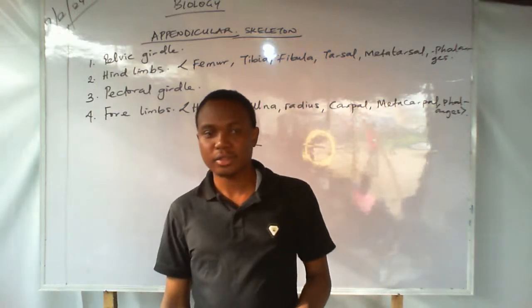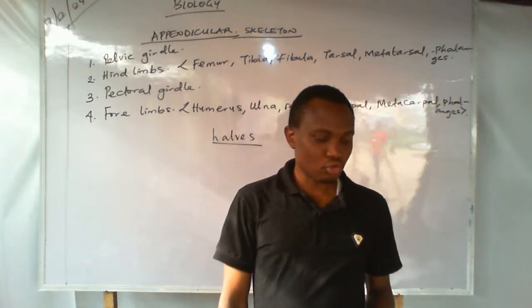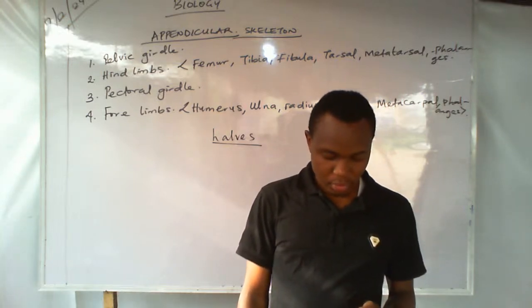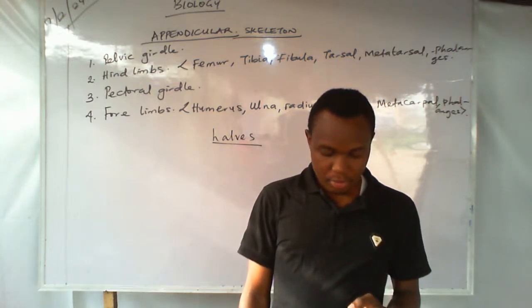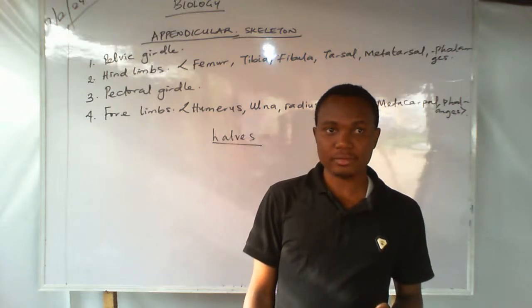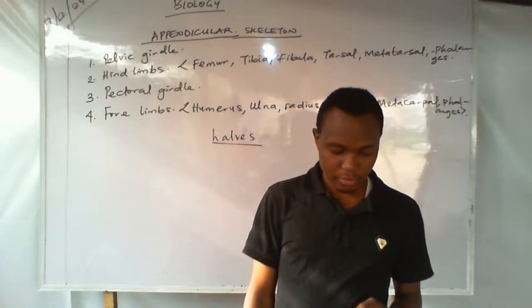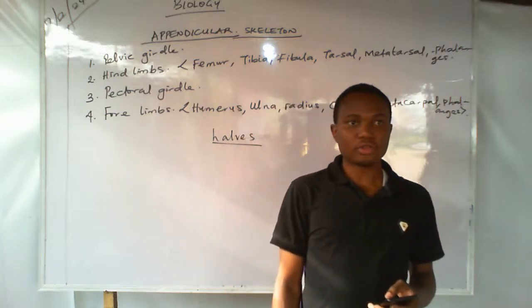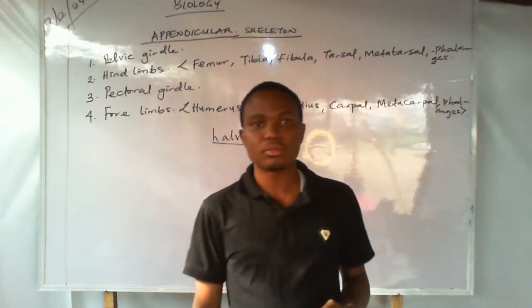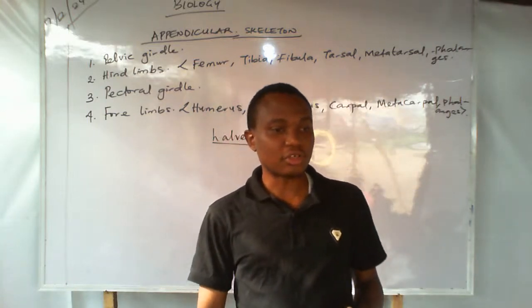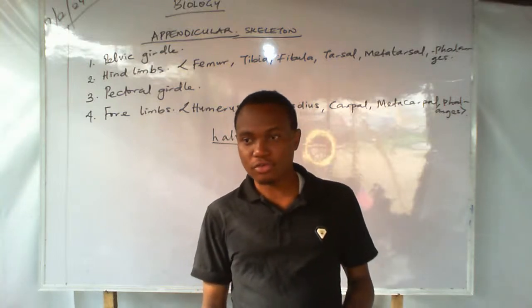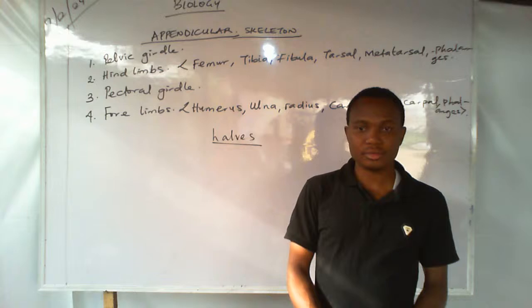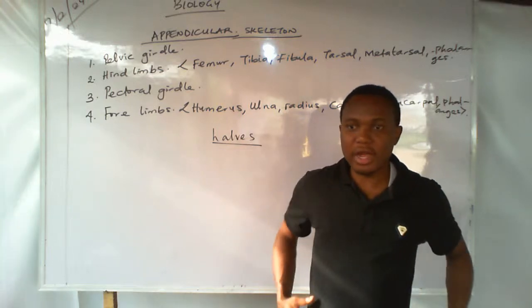It consists of two halves of bone, which are joined together ventrally and to the sacrum dorsally. They are joined together in front.